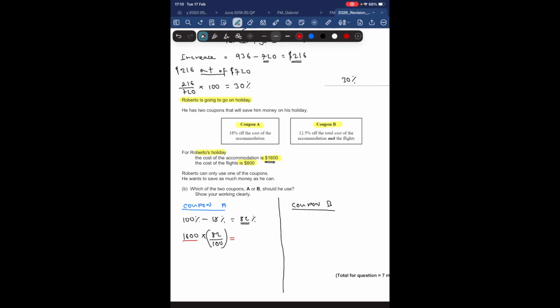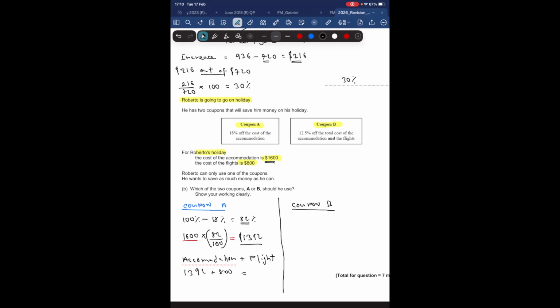If I do that on the calculator, I'm going to end up with $1,312. That's just the cost for the accommodation. Now we need to add on the flights, so the accommodation plus the flight, which hasn't changed, that's still going to be $800, will give us the total cost for the holiday.